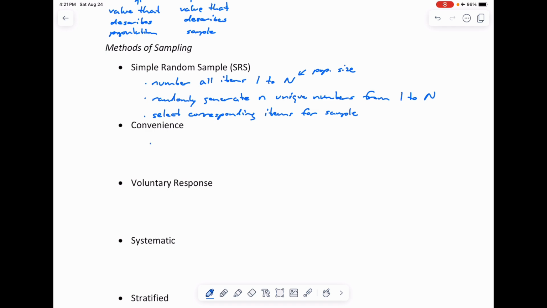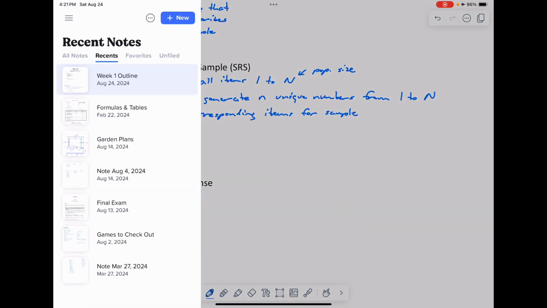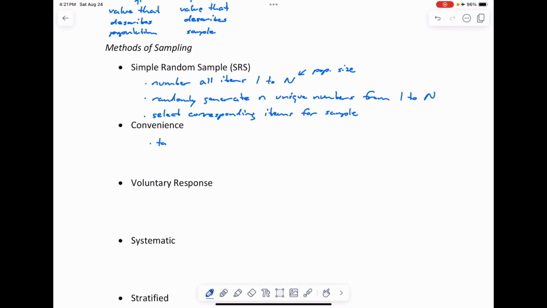Convenience is not random. Convenience is where we take a sample that is convenient. I know I'm using the word to describe the word, but that's exactly what it is. So I may stand outside of a store at the mall, and as people come out of that store, I ask them whatever question I have.